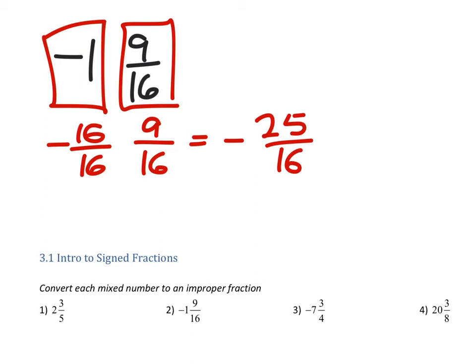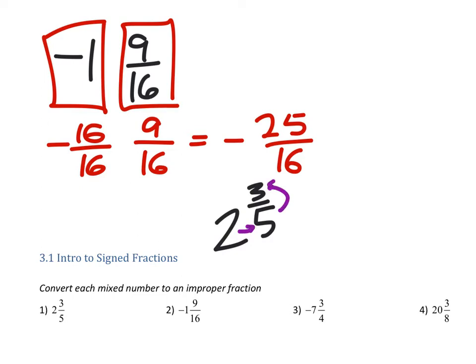Now that's just one way to look at it. But there's another method to solve these, to change these into improper fractions. So let's do number 1, because these aren't too bad. So we got 2 and 3/5. So we got 2 whole parts and then 3/5. This is just a little strategy to use, but it takes memorization. We use it enough though where we kind of memorize it anyways.